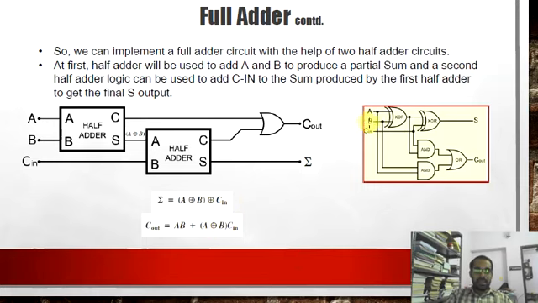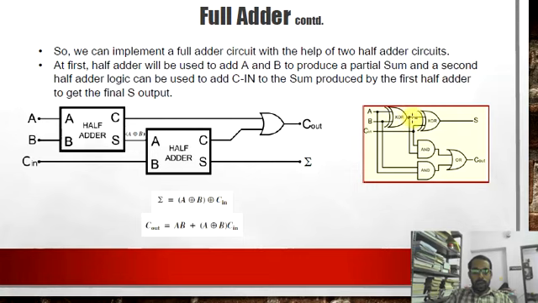This is the corresponding logic gate combination, where we give the inputs A and B to the first XOR, and the output of that one is given to the second XOR, and C in is also going to the second XOR.